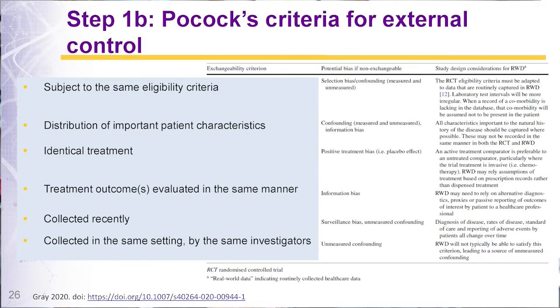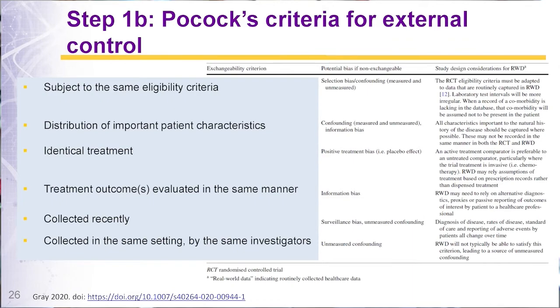Then consider the distribution of the important characteristics to reduce confounding bias and information bias, and think about identical treatment to reduce the potential treatment bias. The treatment outcomes should be evaluated in the same manner, reducing information bias. We also consider that the data is collected recently in the same setting by the same investigators, all trying to reduce other potential confounders.